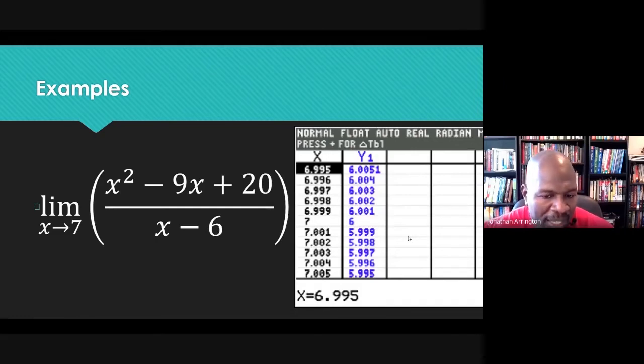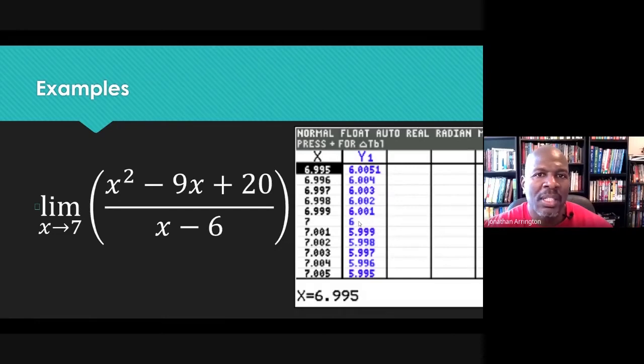So even though in this case, f of 7 was 6 and the limit as x went to 7 was 6, the limit wasn't 6 simply because f of 7 was 6. In fact, there are cases where the value at the point is defined, but is different from the limit. And there's also cases where the function is defined and the limit doesn't even exist.